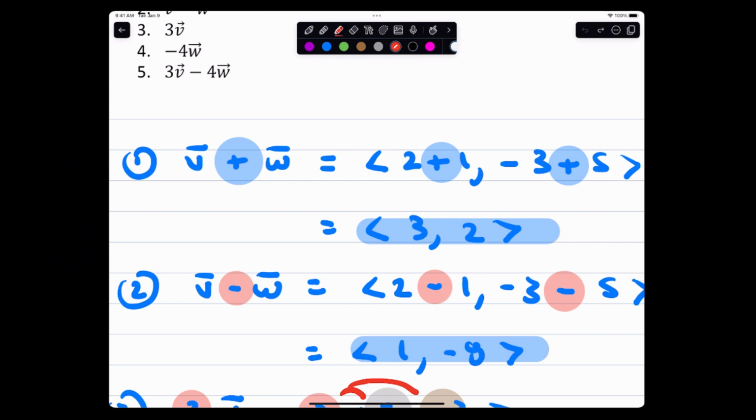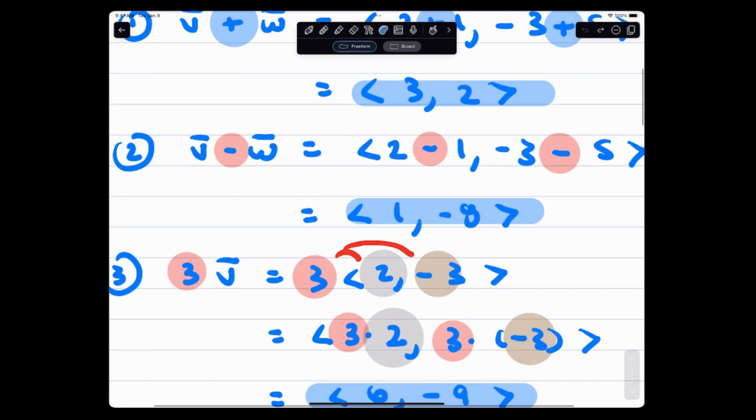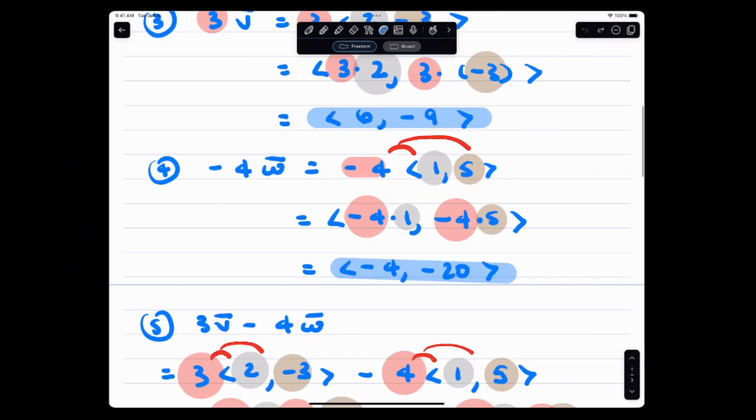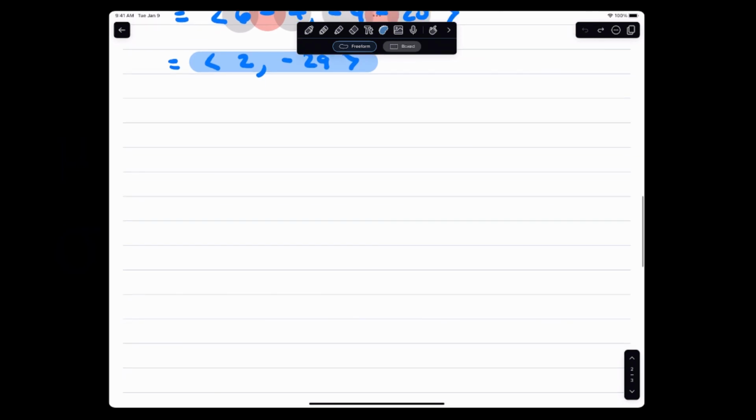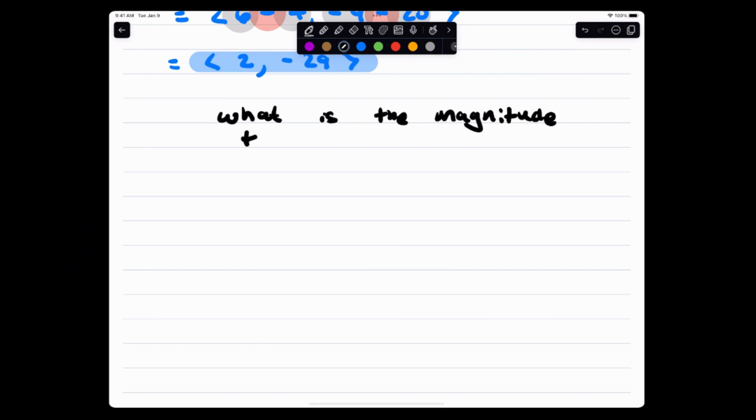So what I'm going to do here now is I'm going to copy this. And I'm going to now say here, without bringing that other stuff in, what is the magnitude, and your direction for that vector sum?